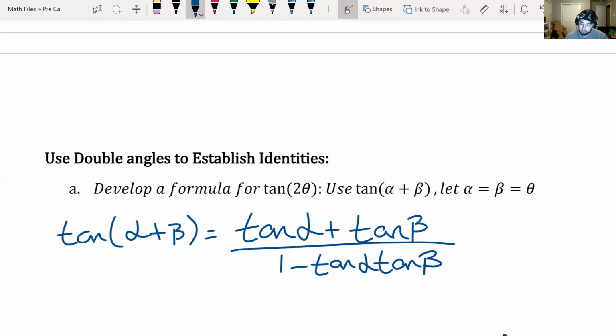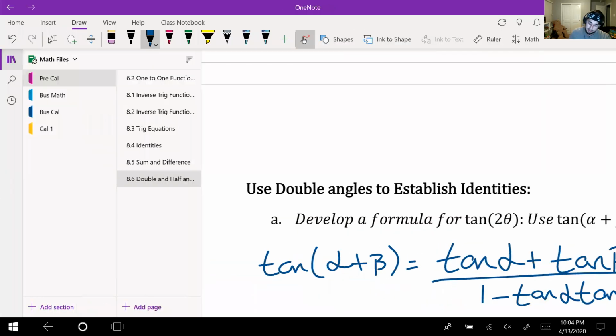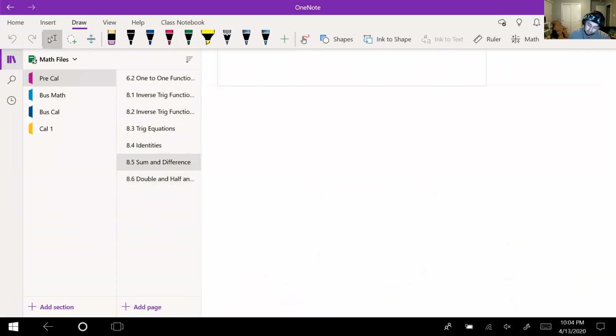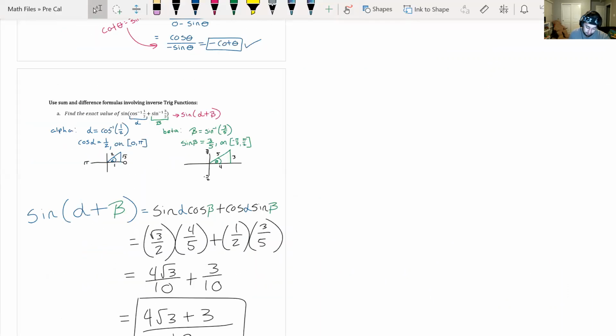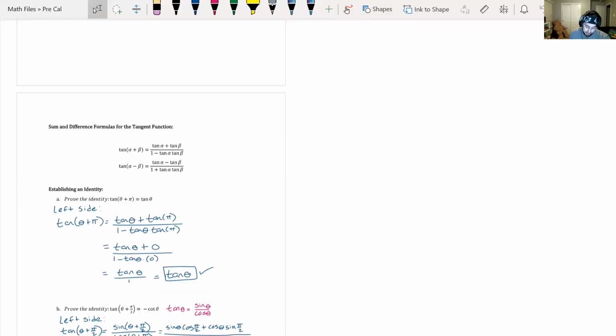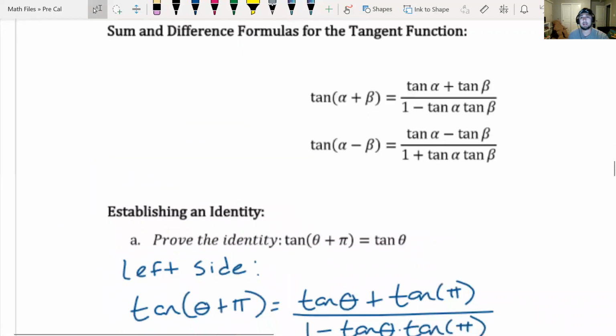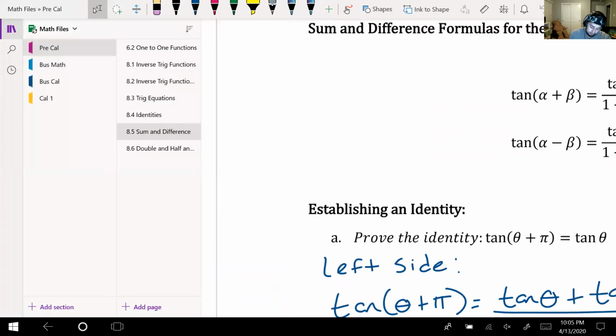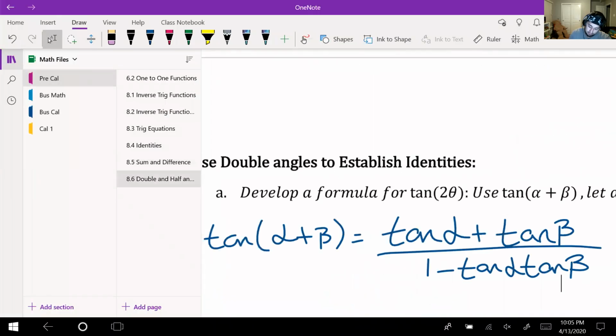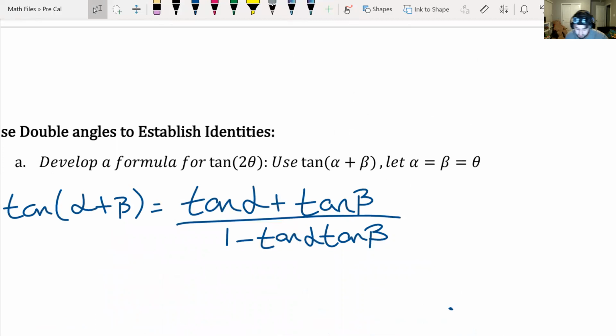If you don't believe me, we can go back and check the notes on sum and difference. And where was tangent? Somewhere right there. Tangent alpha plus beta, tangent alpha plus tangent beta over 1 minus tangent alpha tangent beta. Which is what we have right there.